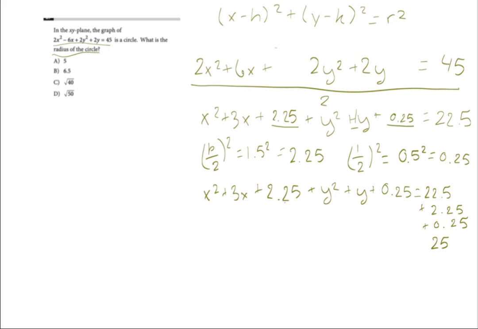In this case, our h would be negative 1.5 because that's the number we got over here. But we don't even need to turn these into these just yet, because we already know that this ends up being our final radius squared. This ends up being everything that's left on this side. And if we want to find the radius, we just have to take the square root of 25, and we get that it's equal to 5.